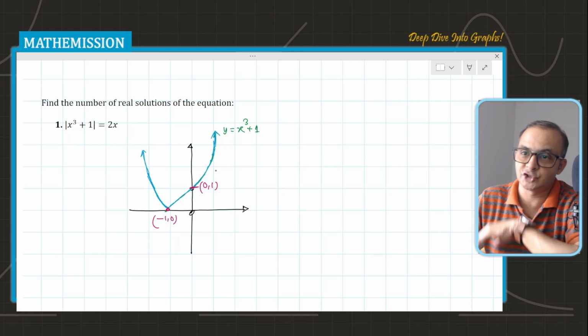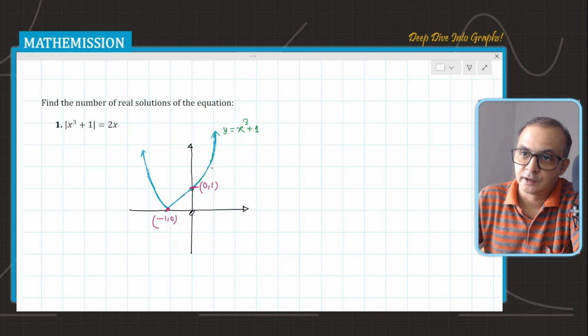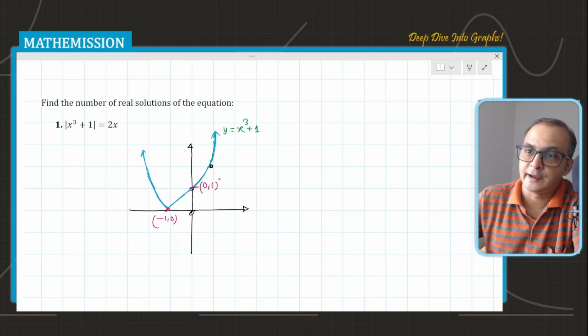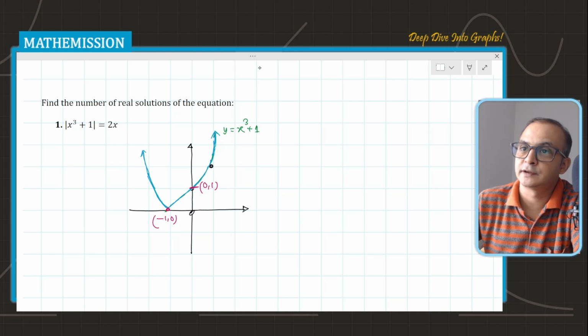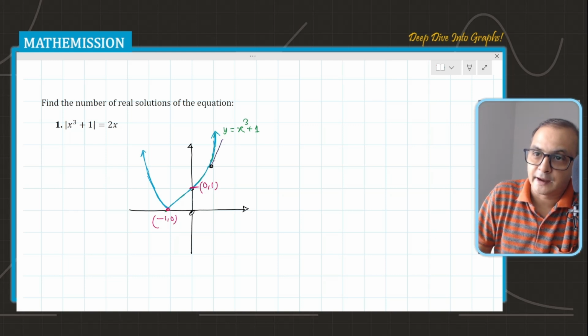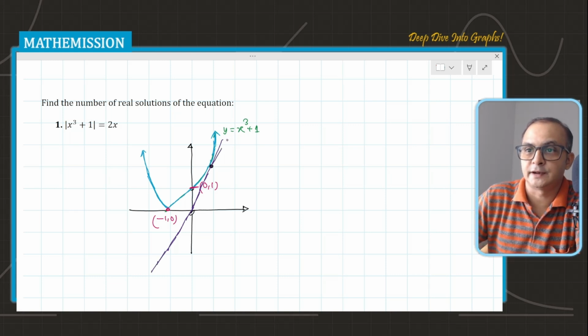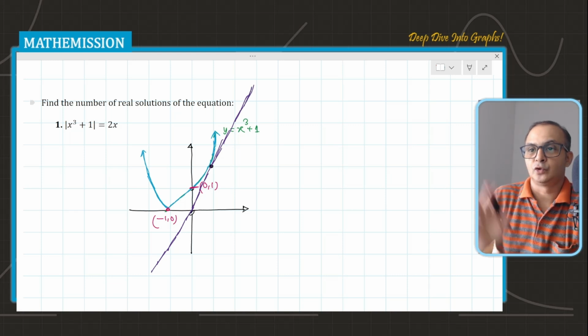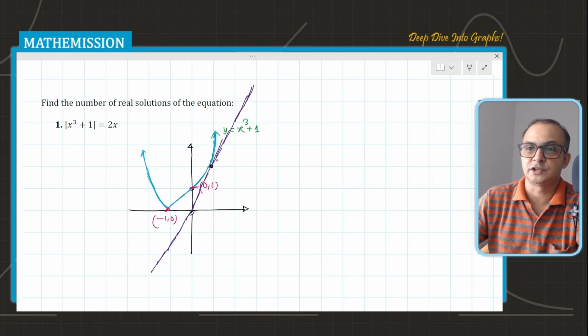It means it should touch the graph at 1, and the line will look like, let me choose a different color. Yes, the line will look like this, and it will be a tangent to this point, and after that it will be going upward, and there is no such intersection after this.